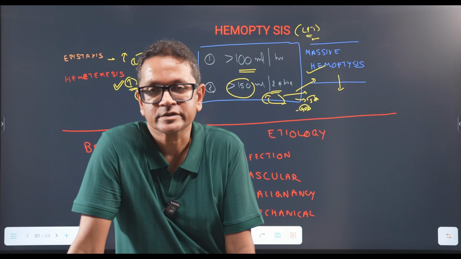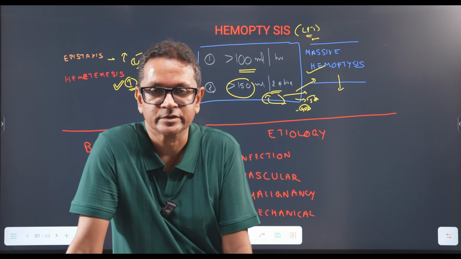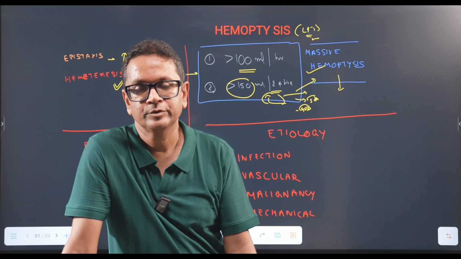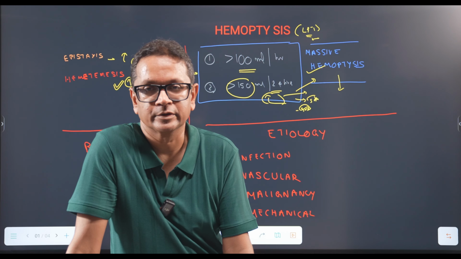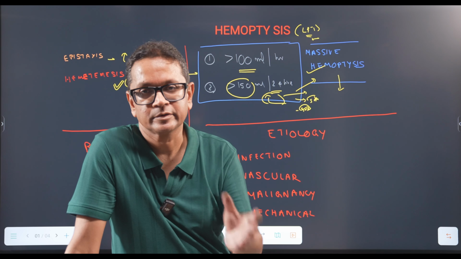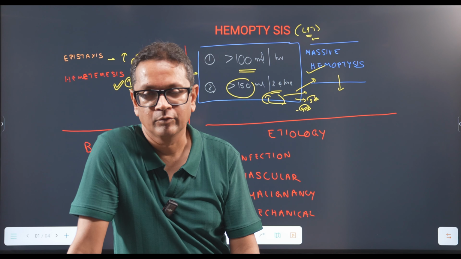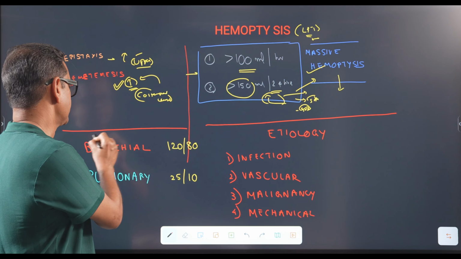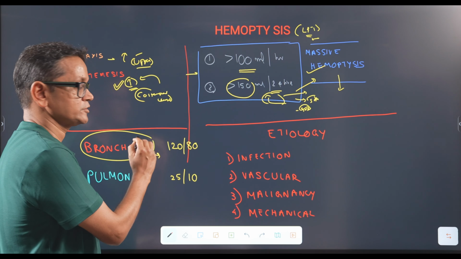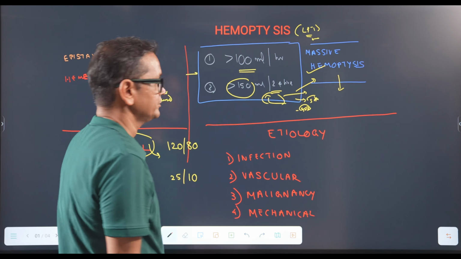Okay, now we'll discuss the pathophysiology of hemoptysis. You know, the lung has a dual blood supply, just like the heart. One is high pressure, low volume: the bronchial arteries, because they are derived from the systemic circulation from the aorta.